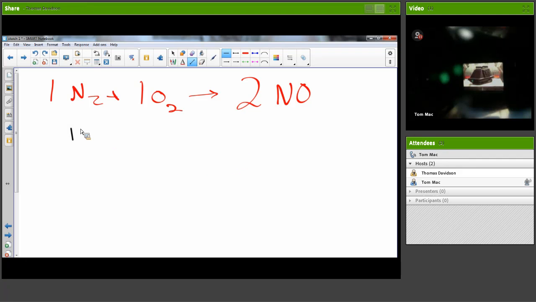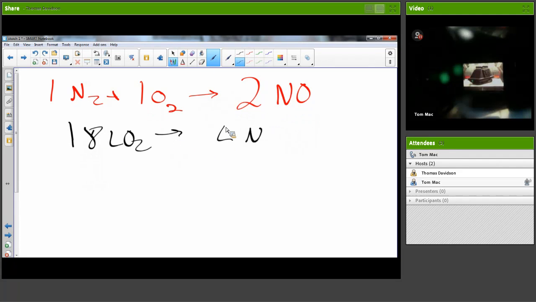So I'm given 18 liters of O2, and I'm asked for liters of NO. Okay, I'll do it the long way and the short way. You do it whatever way you feel like, and then look up.